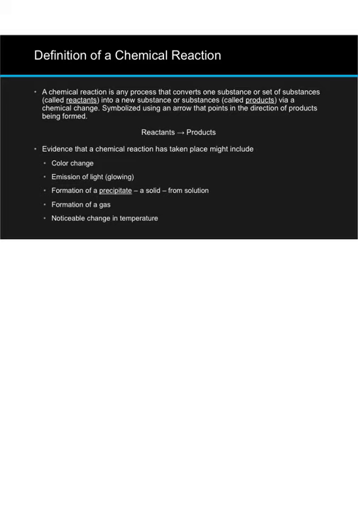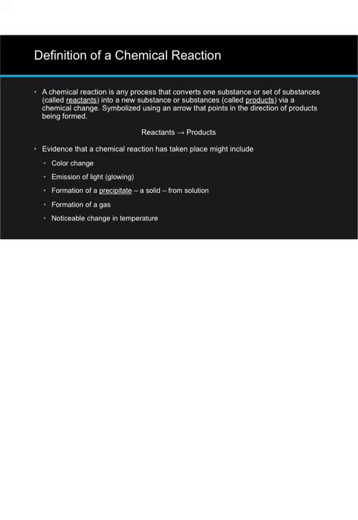A chemical reaction is a process that chemically converts one substance or set of substances into another set of substances. We call our starting material or starting materials reactants, and we call a new set of substances or a new substance products.